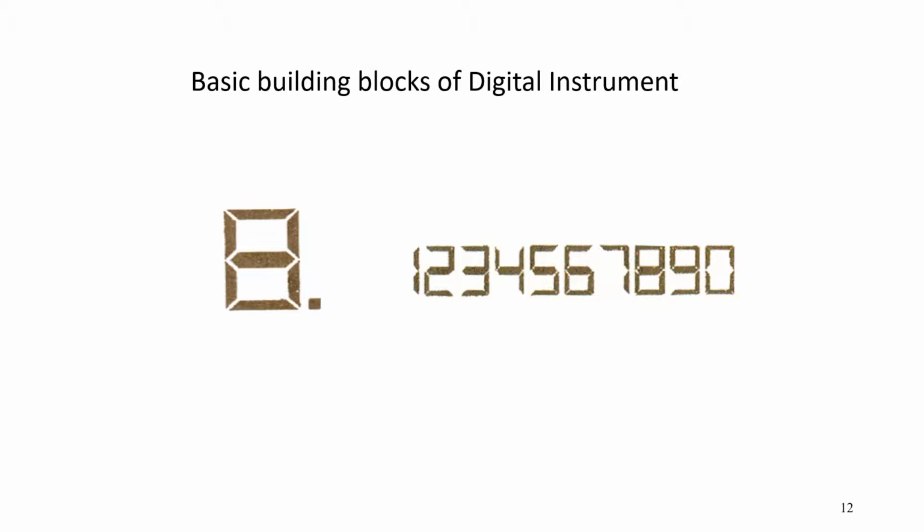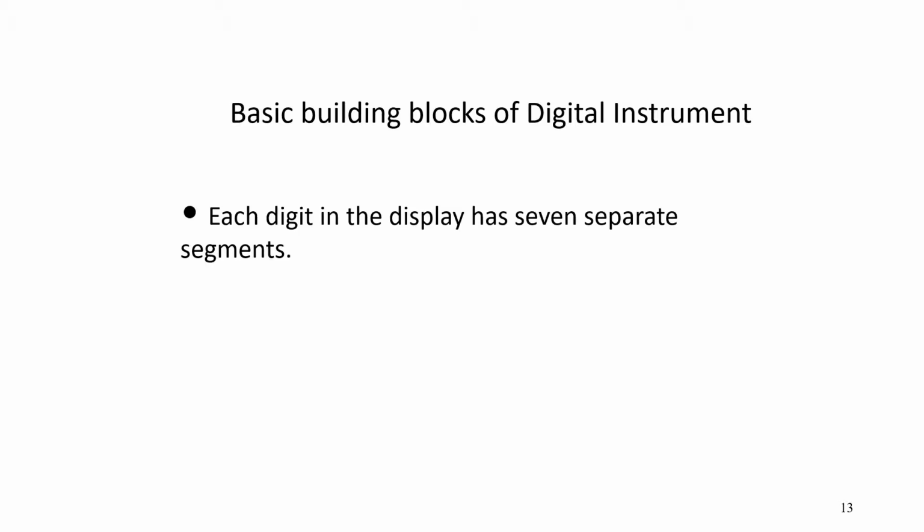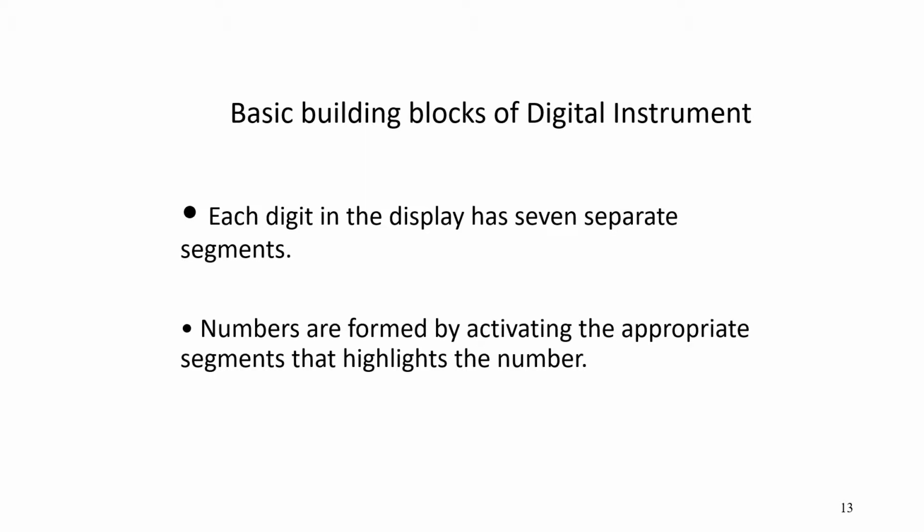As you have seen here, these are the 7-segment display blocks, and they show how the numbers are displayed. Each digit in the display has 7 separate segments. The numbers are formed by activating the appropriate segments that highlight the numbers.